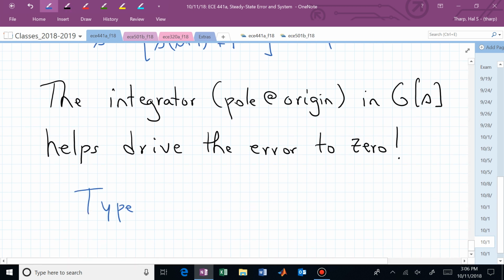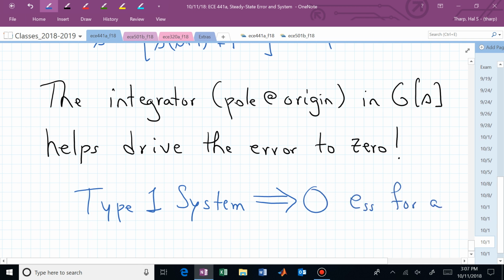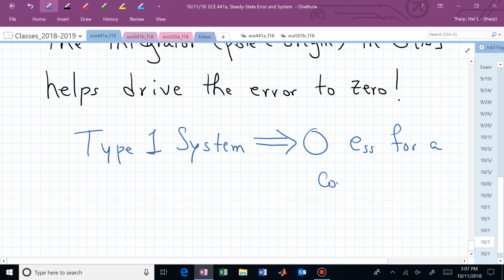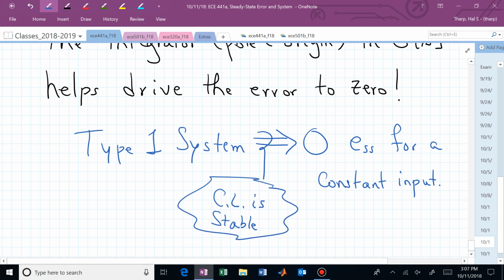To emphasize that, this type 1 system in fact will give us 0 steady state error for a constant input. Obviously we're assuming that the closed loop system is stable, or we wouldn't be able to make that conclusion.